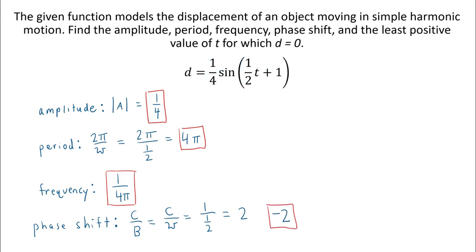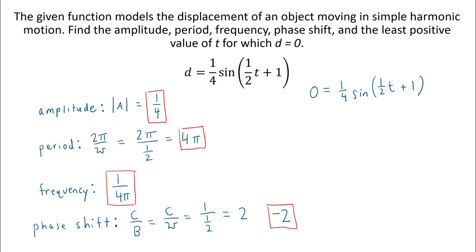All right, now let's find the smallest value of t that gives us a d that's equal to 0. So to find that t, we're just going to set d equal to 0 and then solve for t. So we'll have the equation 0 equals 1/4 sine of 1/2 t plus 1.